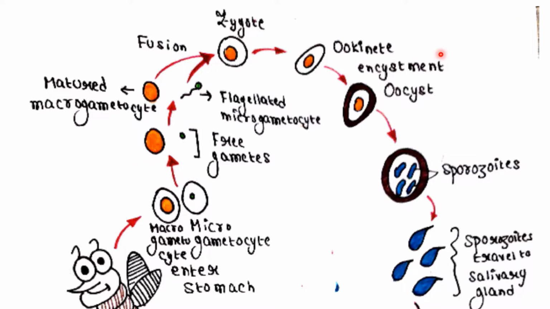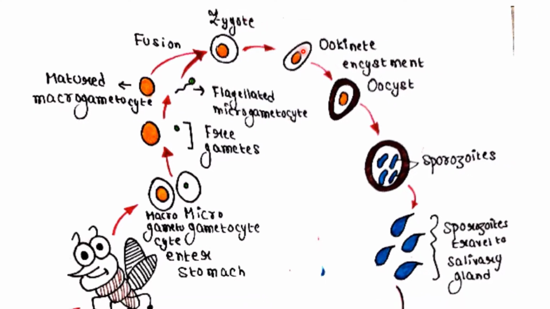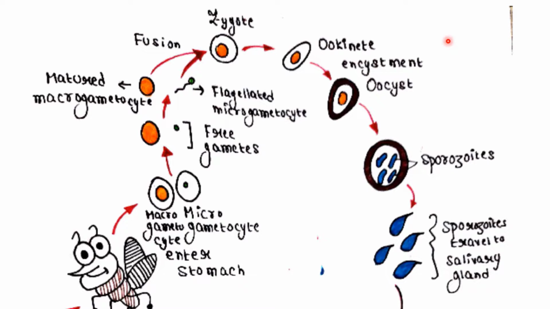The microgametocytes generate flagella, and the macrogametocyte undergoes a maturation process. Fusion between these two gametes generates a zygote as usual. The zygote remains rounded and motionless for 24 hours. Then it elongates and becomes motile. The zygote is called an ookinete when it is motile and elongated.